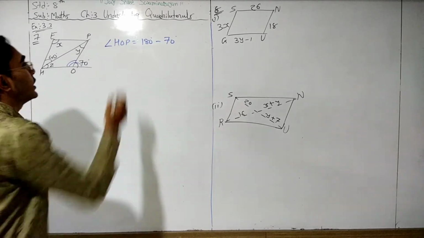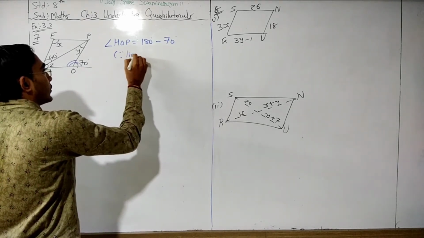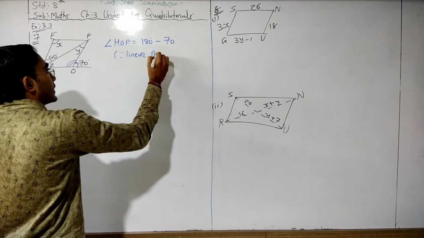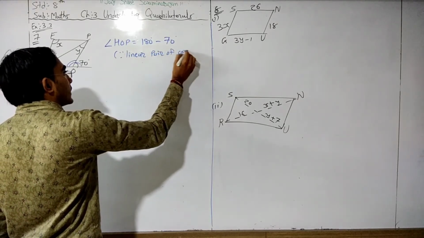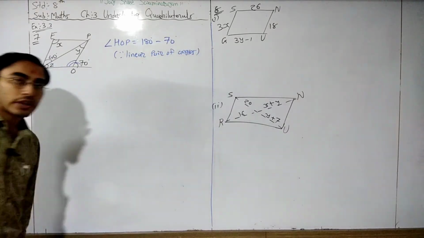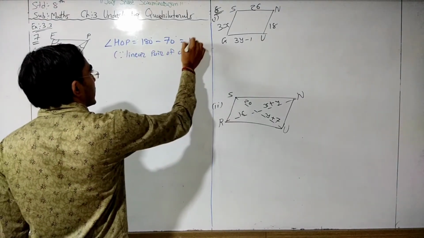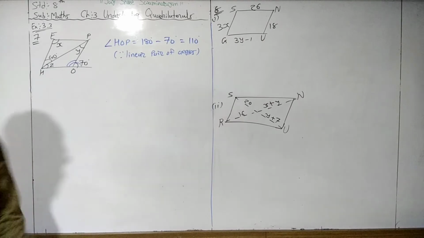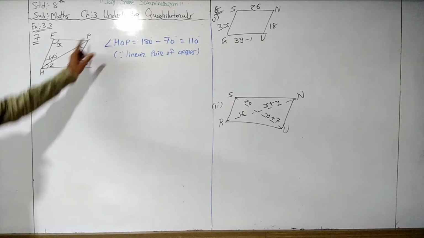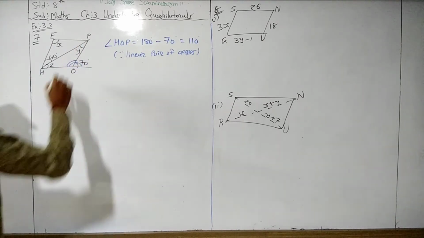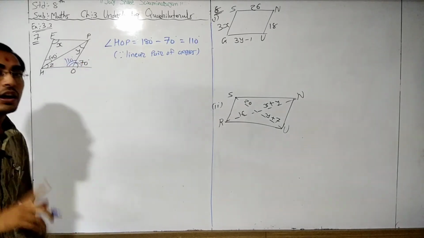That's why it is a linear pair of angles. So here the reason is linear pair of angles. Okay. So HOP is 180 minus 70, so this is 110.